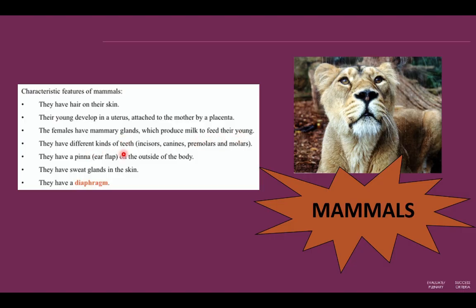They have different kinds of teeth: incisors, canines, premolars and molars. Yes, they have pinna, an ear flap on the outside of the body. They have sweat glands in the skin and they do have a diaphragm. So these characteristic features of the mammals make them different from the other classes of the vertebrates.